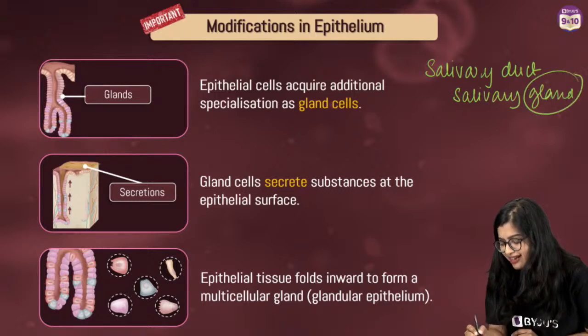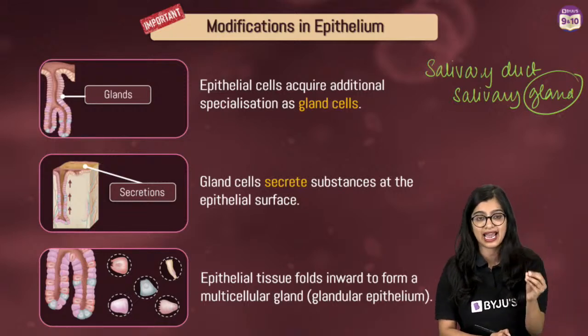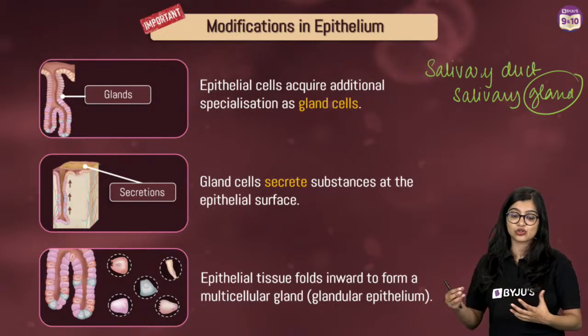And the word gland is not very new to all of you. In your lower grades, you've heard the word gland. But today we'll understand a little bit more in detail what a gland is.